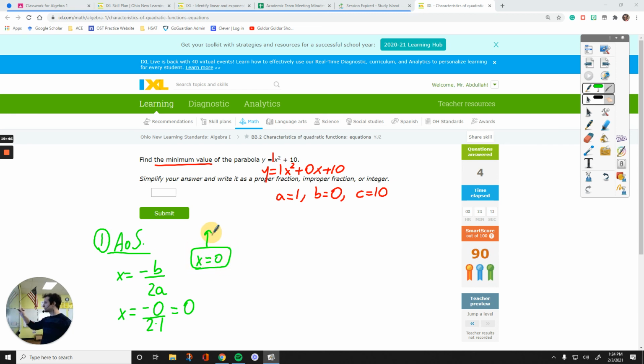And just so you know, this is the y-axis. That's how we name the y-axis, x equals 0. Now, we are done with step 1. Let's do step 2. Plug in AOS for x. Drop down the whole equation, plug in 0 for x.